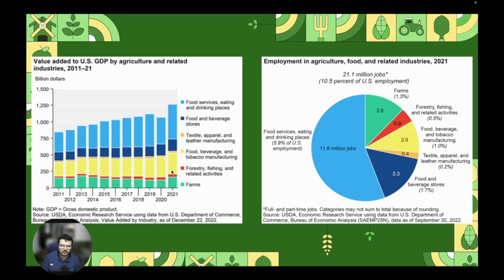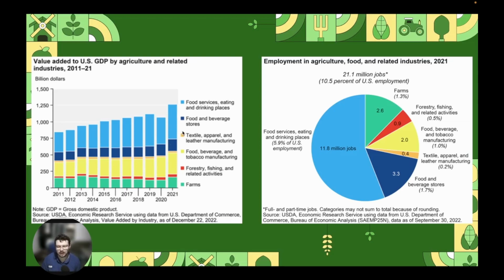Food, beverage, and tobacco manufacturing makes up a giant part, probably about $250 billion. Food and beverage stores, so like grocery stores or convenience stores, bodegas, whatever you want to think of, make up probably about $100 billion. And then food services like restaurants, bars, those kind of places make up a lot of money, about $300 billion worth of our economy.